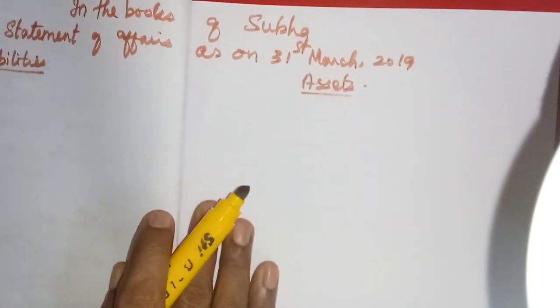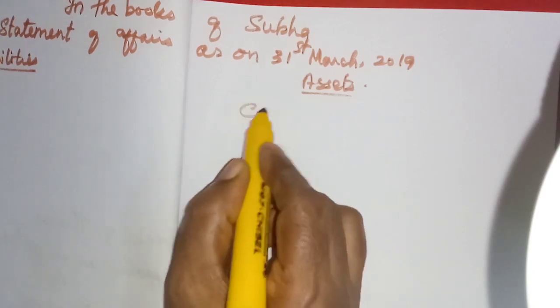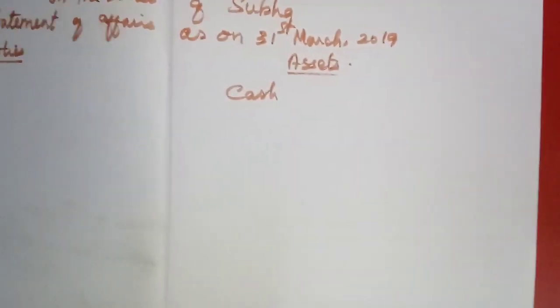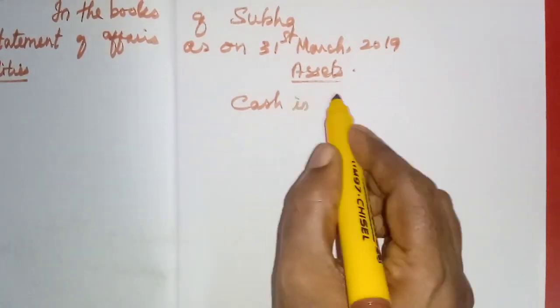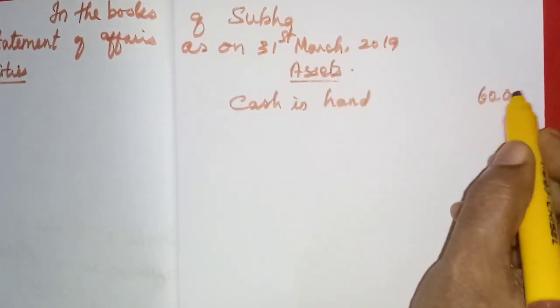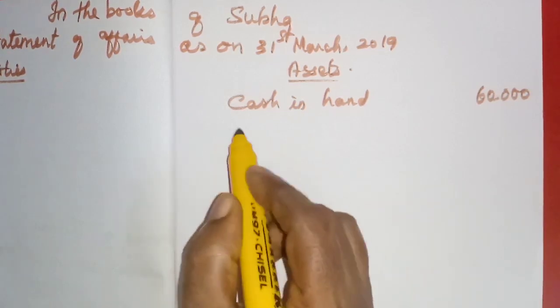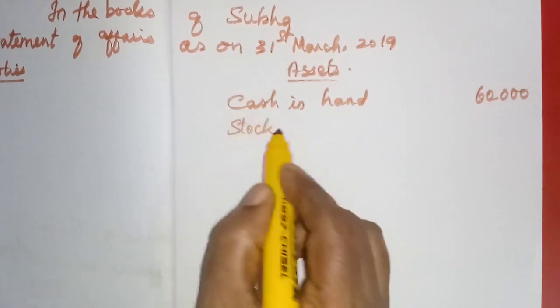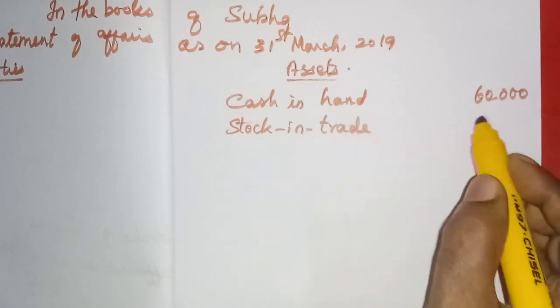Okay, first the current assets we have to write. First cash in hand. Cash in hand, 60,000. Then stock in trade, 1,60,000.